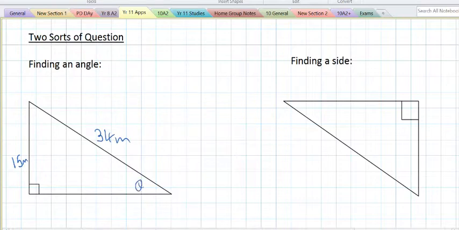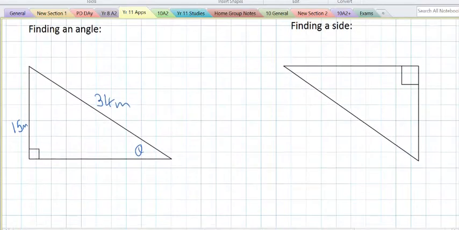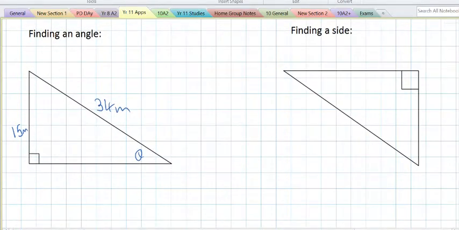Alright, finding an angle. If we're finding an angle, then we need to have found two sides, or be given two sides. Alright, so we've got two sides. Our first step, label. We have the hypotenuse, we have the opposite, and adjacent.